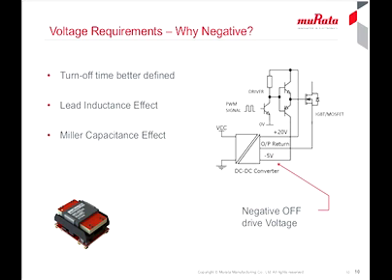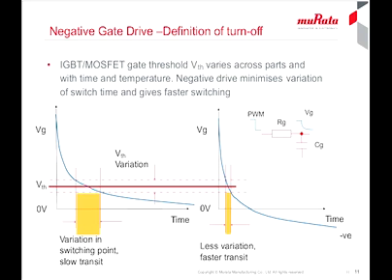Silicon carbide devices, for example, can have threshold voltages of around just 1.5 volts at high temperatures. A negative voltage allows the turn-off point to be better defined, and it helps to overcome voltage transients caused by lead inductances and the Miller effect, which try to turn the device spuriously on. We look at each of these effects next.